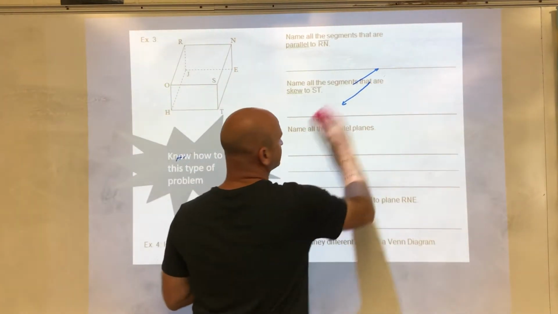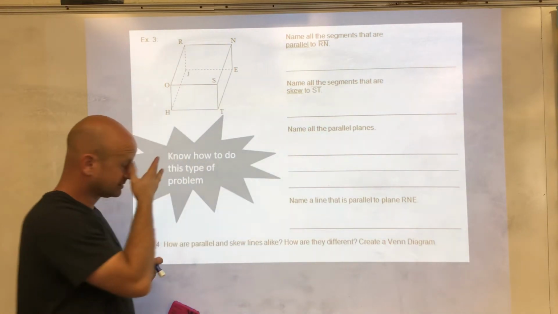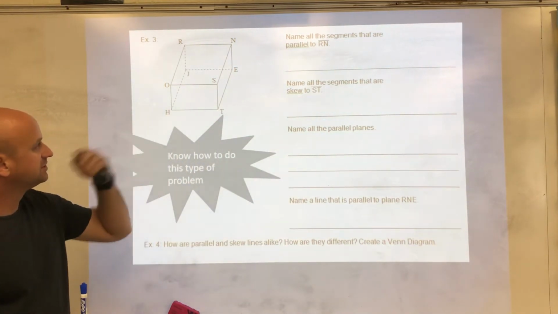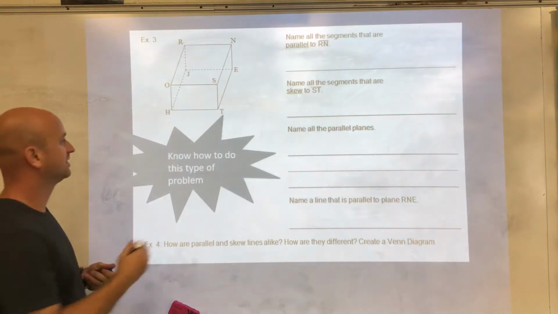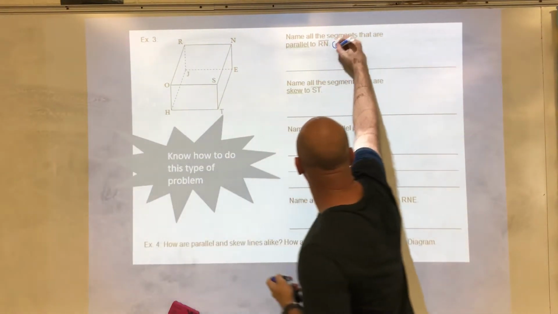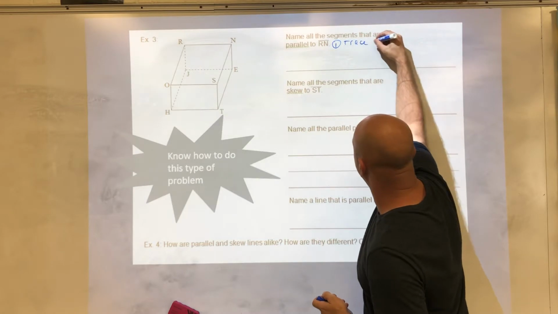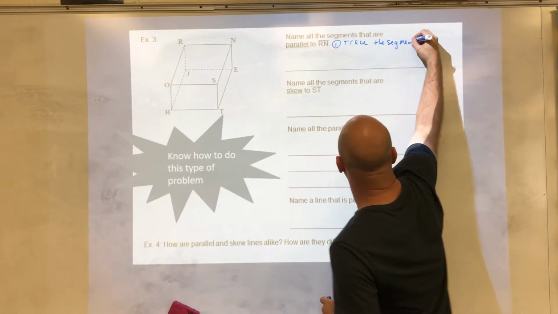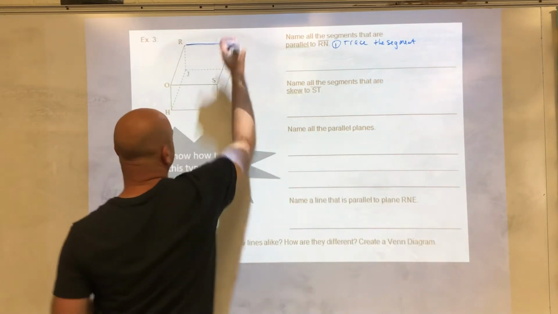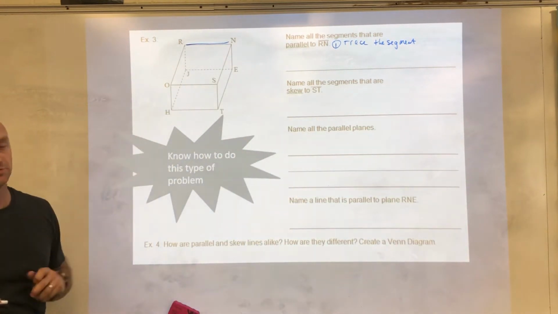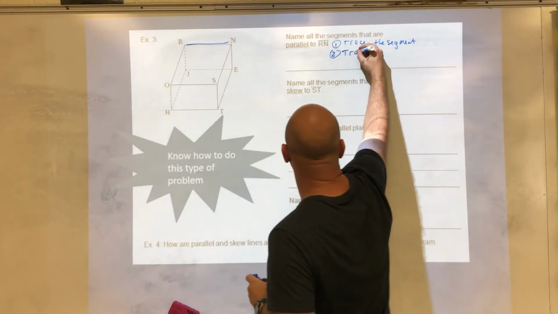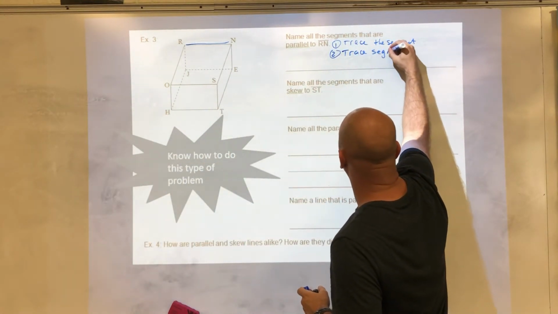Okay, here's an example that will look very much like your quiz, right? So make sure you know how to do this type of problem. So here, if we want to find segments that are parallel to RN, the first step I want you to do is lightly trace the segment. So here we're going to trace RN. Now because we're dealing with parallel lines, we want to also trace segments in the same direction.